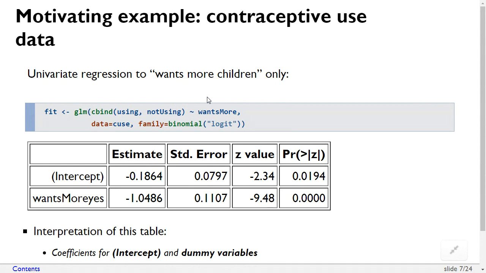The starting point, like we're assuming that right off the bat, most people are not using contraception. Is that what that means? Because our predictor variable is if they want more, and the outcome variable is if they're using or not using contraception. And so the intercept is where we begin to see data, at this point.